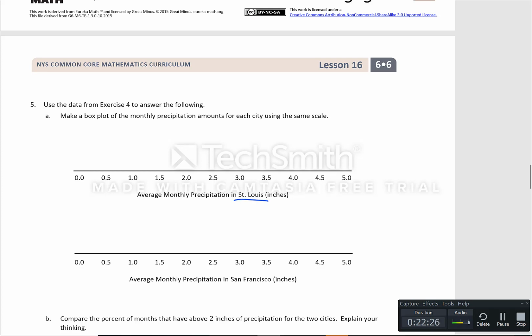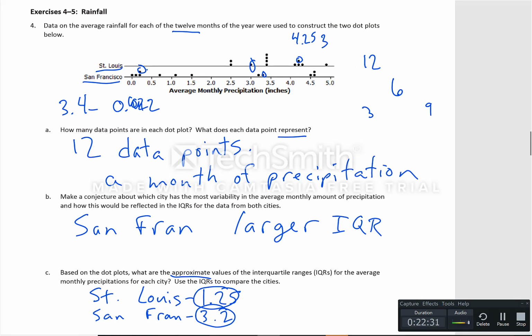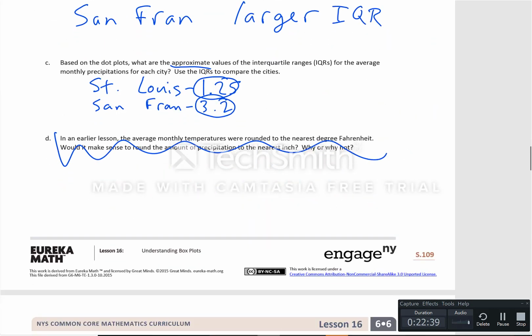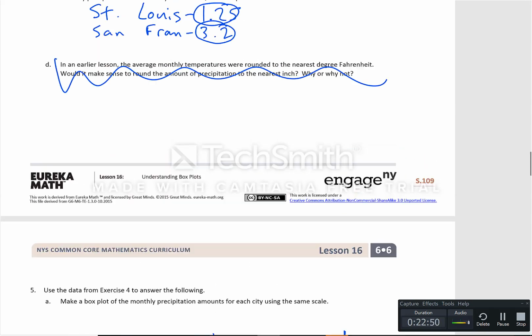So again, I'm going to look for that minimum value. So St. Louis, and I'm going to erase our work here. My minimum value is 2.5. My maximum value is about 5. So minimum, maximum. I need to find my median.